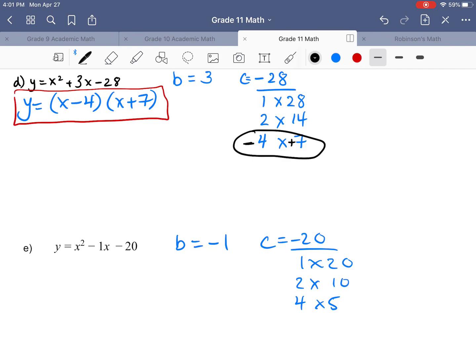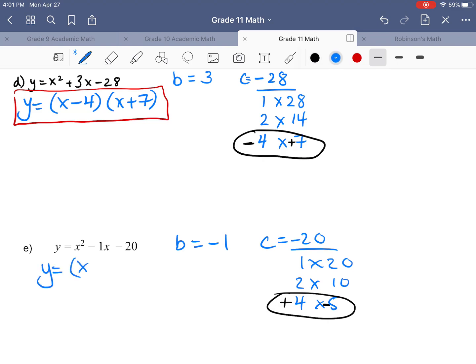Because it's a negative 20, we need to go through our list though and play around with having one number be negative and one be positive. And once you've done that, you should end up at the bottom here where we have a positive 4 and a negative 5. So those two multiply together to give us negative 20 and add to give us negative 1.